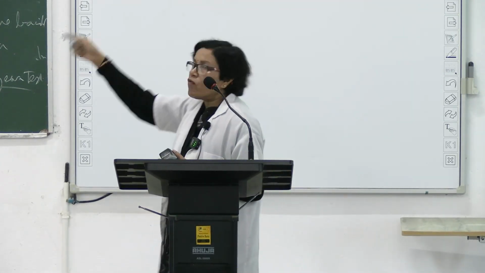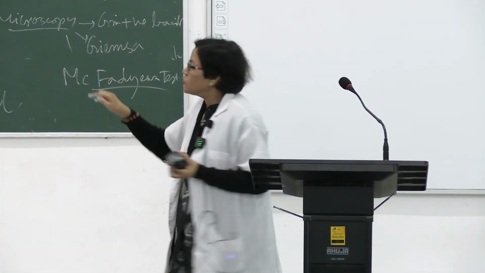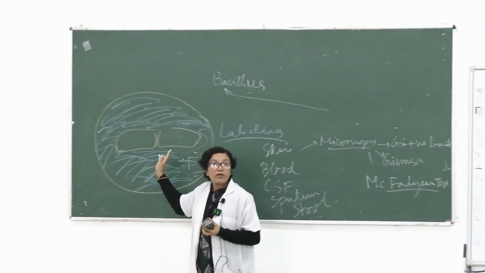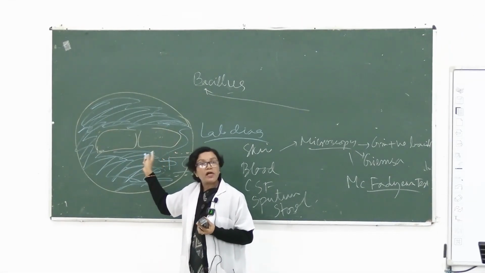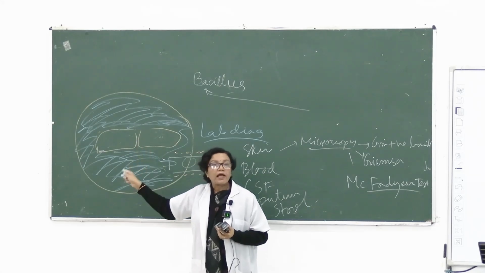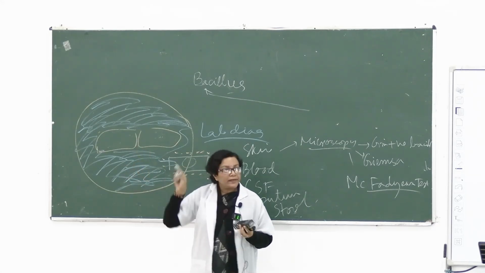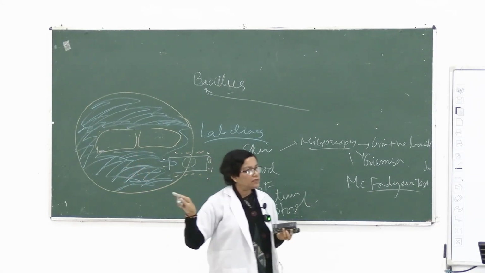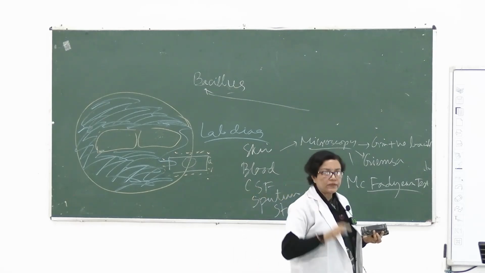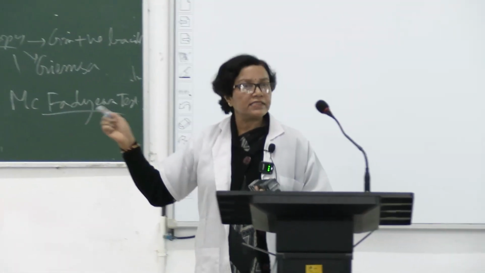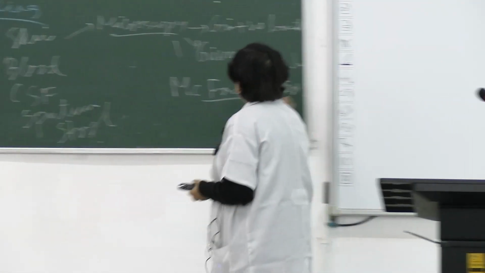Negative stain কি হয, whole field stained, but as there is capsule no dye is entering through the bacteria, so one vacuole area is seen. It indicates the organism must be capsulated, so dye is not entering, so indirectly it proves it is capsulated, so it is called negative stain. Okay, so negative stain is also done here as it is capsulated bacteria. Then you have to go for culture.